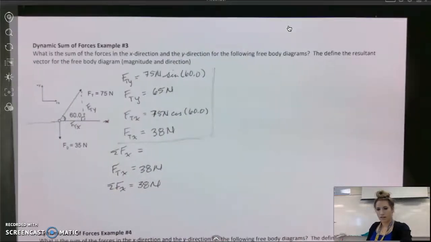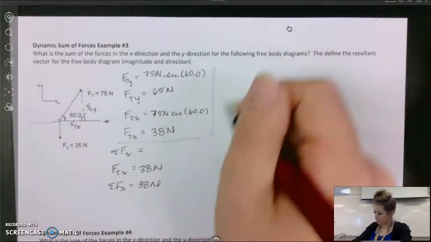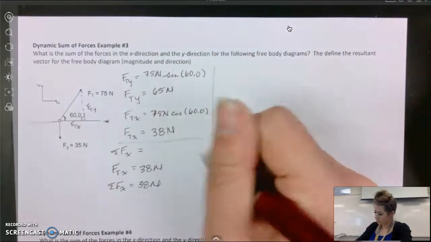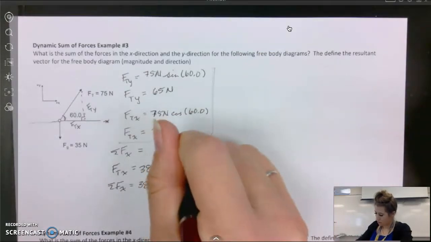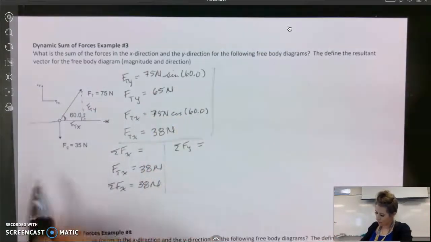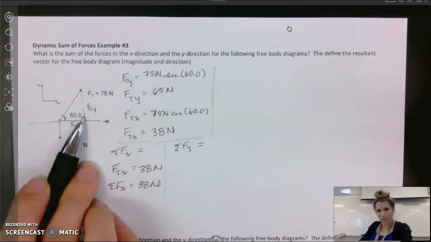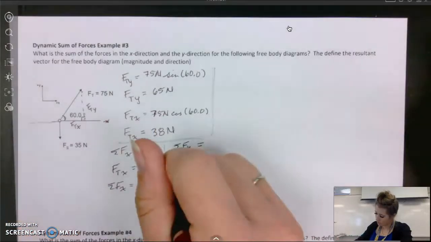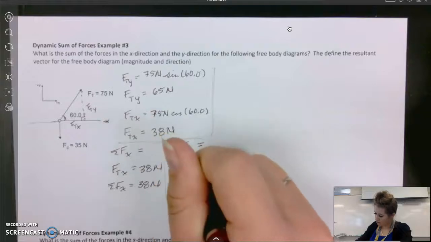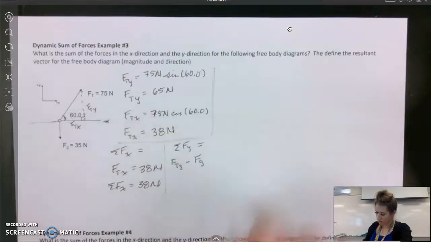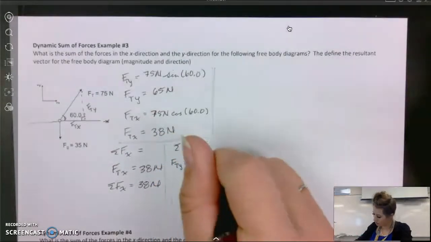Okay. Now let's look at the y. We can probably put it in here. Sum of the forces in the y. Well, we have a positive force due to tension in the y. Okay, and we're going to add that to the negative force due to gravity. Okay, we'll see what that equals.